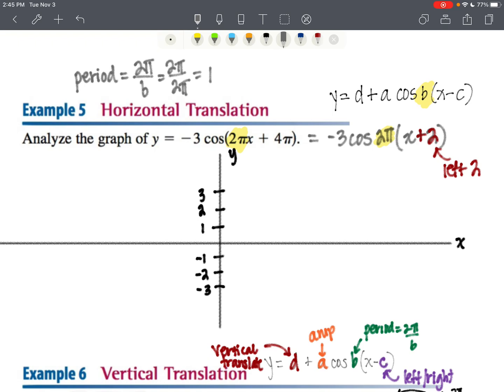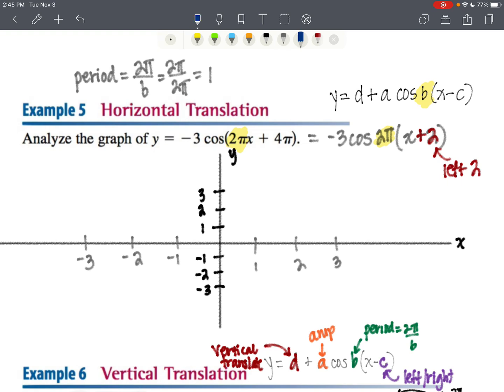It's going to be a length of 1. So we've got -1, -2, -3. In those 3 intervals, I'm going to have 3 full cycles. If I go to the right, 1, 2, 3, I'll have 3 more full cycles because the horizontal length of 1 is going to give us 1 full cycle.